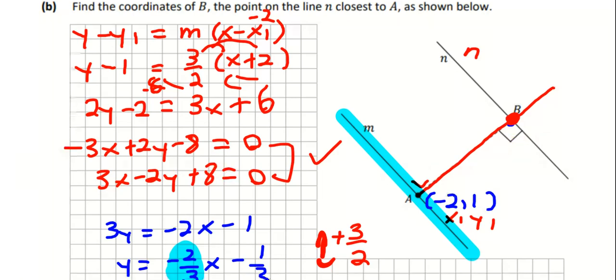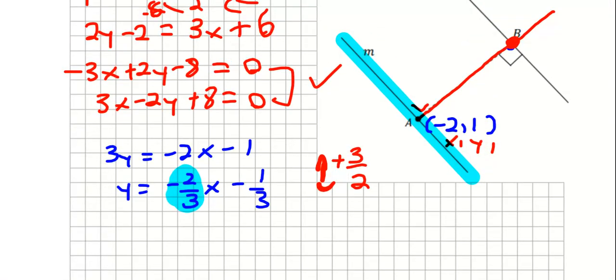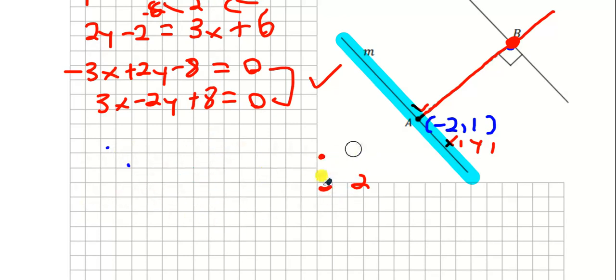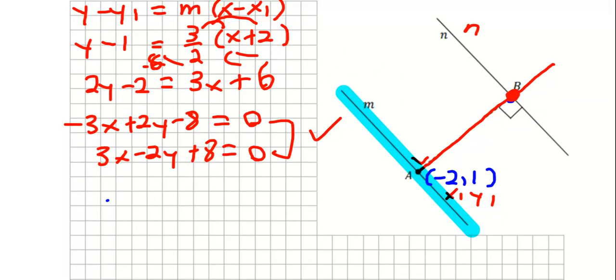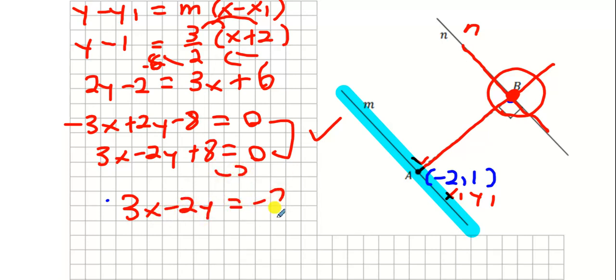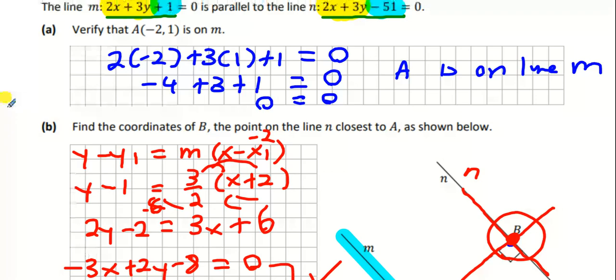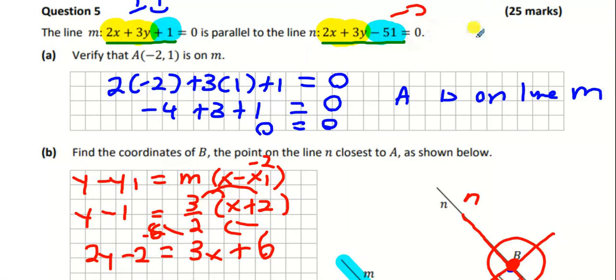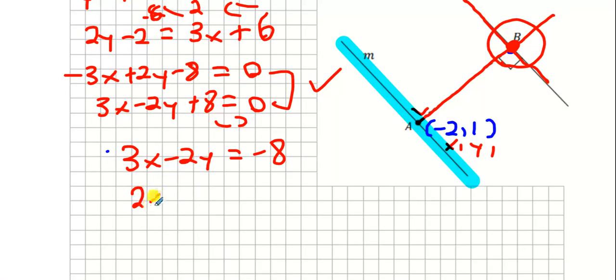So, we have this equation here, and what we said earlier was that we're going to do the point of intersection between the two lines. So I have to do the point of intersection between the red line and the line N, which means solving a simultaneous equation. So I'm going to bring that 8 to the other side to make it minus 8. I'm going to grab this equation up here and bring the 51 to the other side, so I'm going to get 2x plus 3y equals 51.